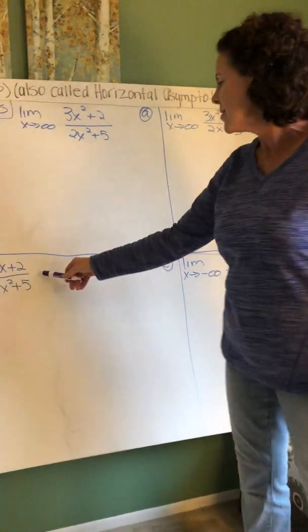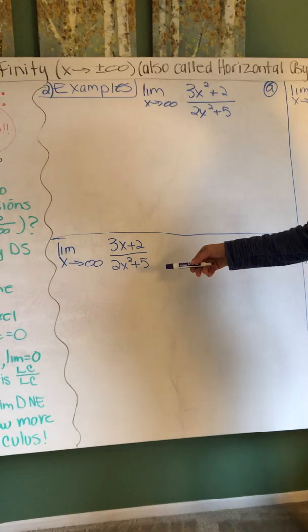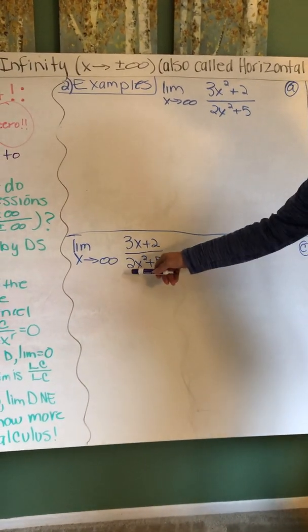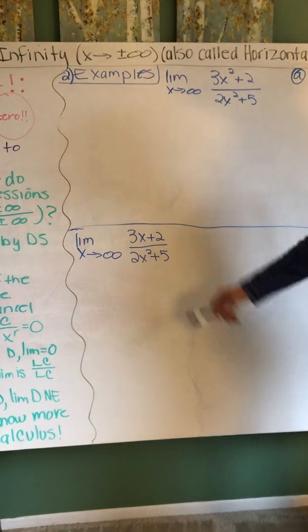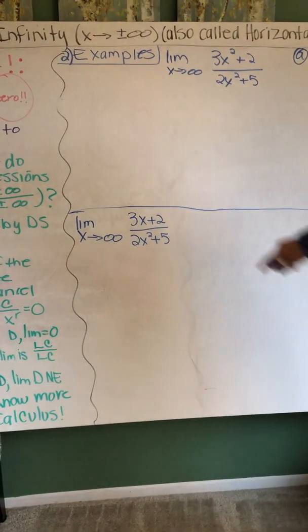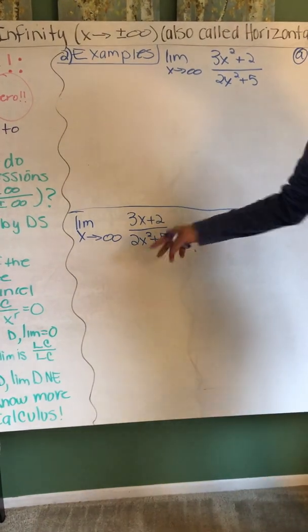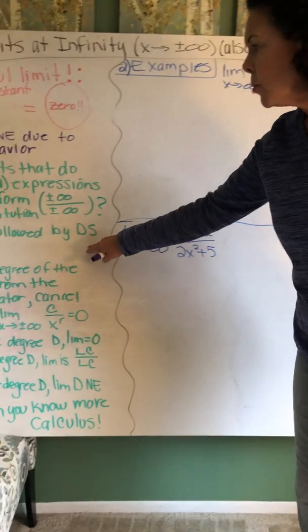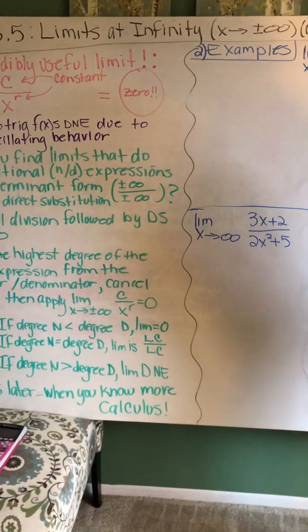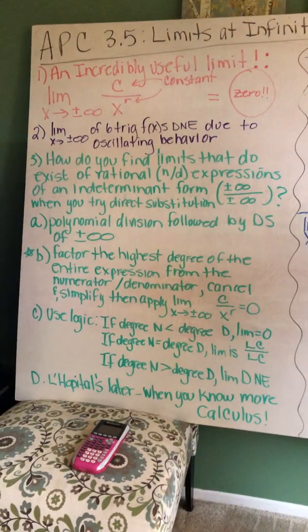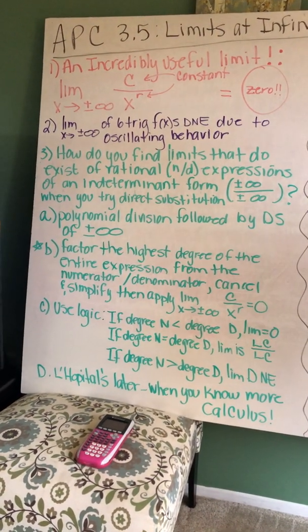But when you come down to C, that might be something that bothers you a little bit, because you would be dividing 3x plus 2 by 2x squared plus 5, and now you see that the dividend's power is less than the divisor's, and you're like, wow, I'm not sure how to divide that. So polynomial division works, but it's not my favorite form.